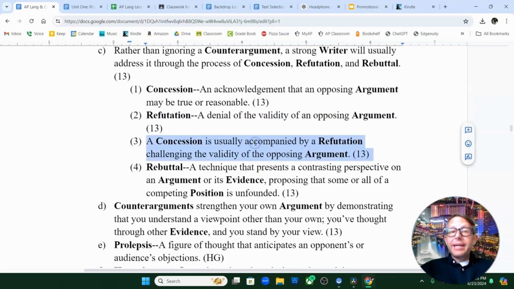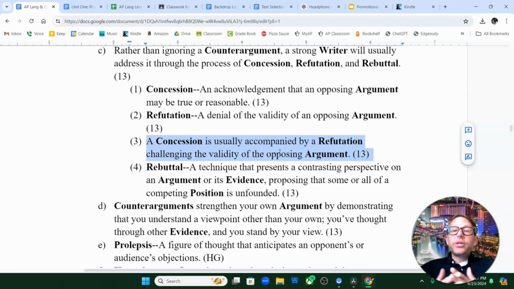Now, something to keep in mind, as it says here, is a concession is usually accompanied by a refutation. So that's one of those things that can really strengthen your concession if it then segues into that refutation. So you say, I believe that the opponent is right on this one matter. However, I want to point out that their argument that such and such is true isn't necessarily correct.